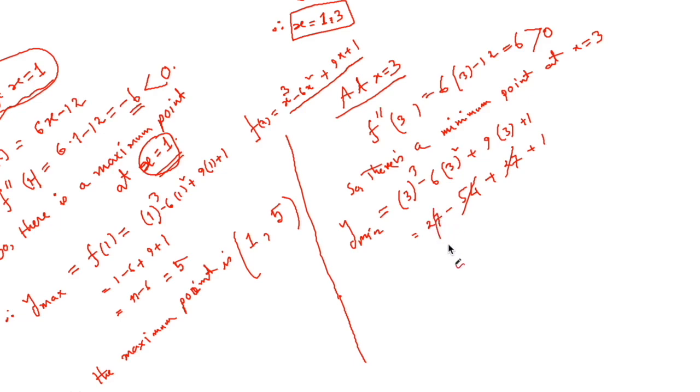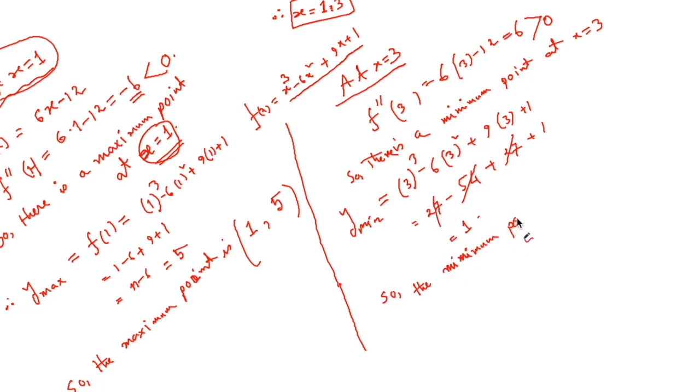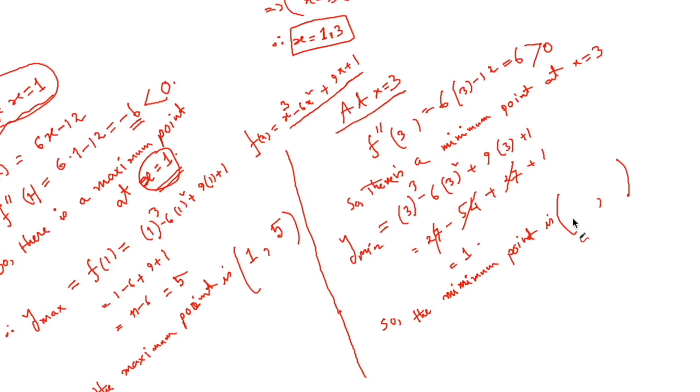These cancel out, so 1 remains, right? So the minimum point is... Shahriar, tell me, what is the x coordinate of the minimum point? 3. And the y coordinate? 1. So this is the minimum point.